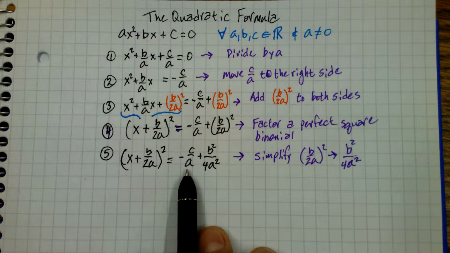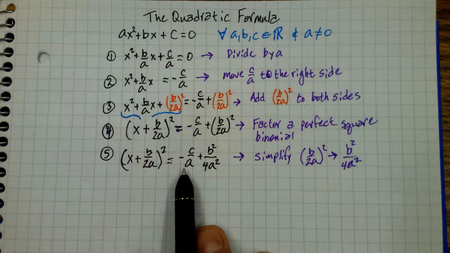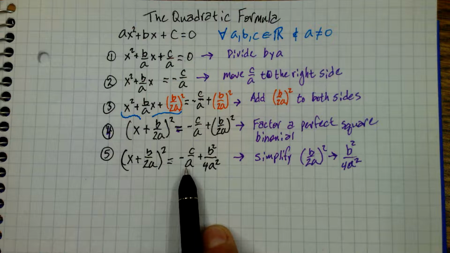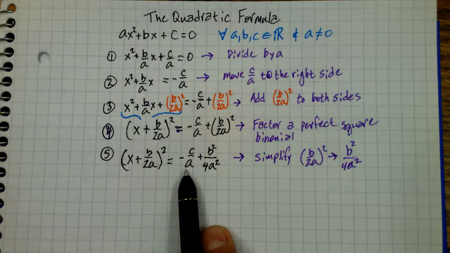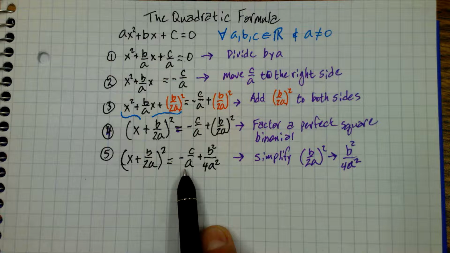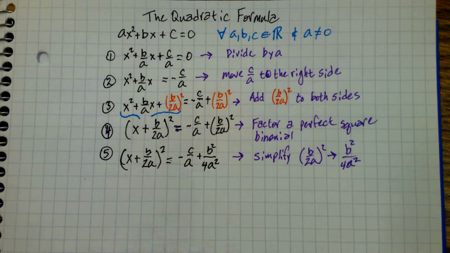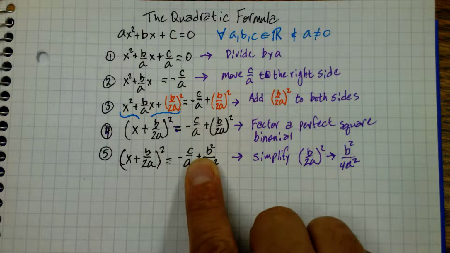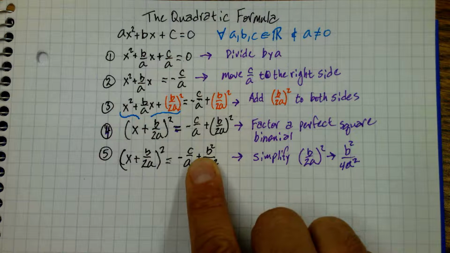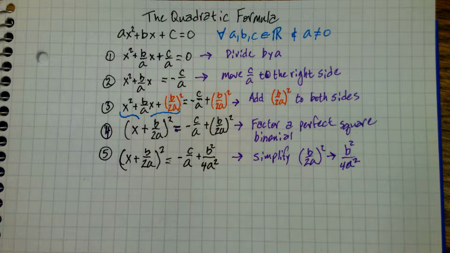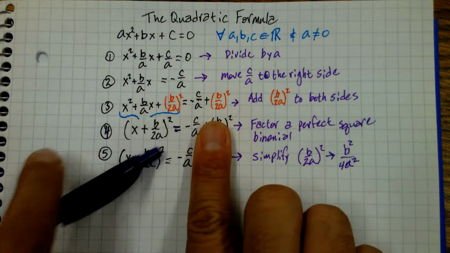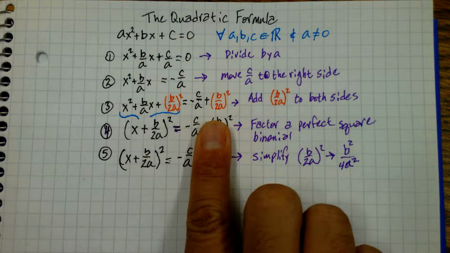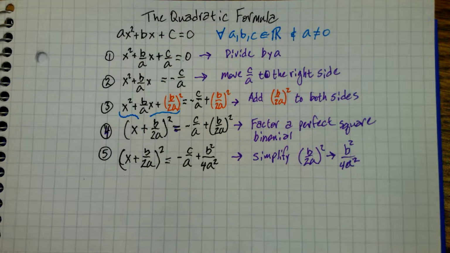So it's easy to change a into 4a squared so that I would have 4a squared for both. So what would I need to multiply a by to get 4a squared? 4a. But the catch is if I multiply the denominator by 4a, I got to multiply the numerator by 4a because it has to be 1, right? What's 4a divided by 4a? 1. I want to multiply this by 1 so I don't change the value. So that's what we're going to do.